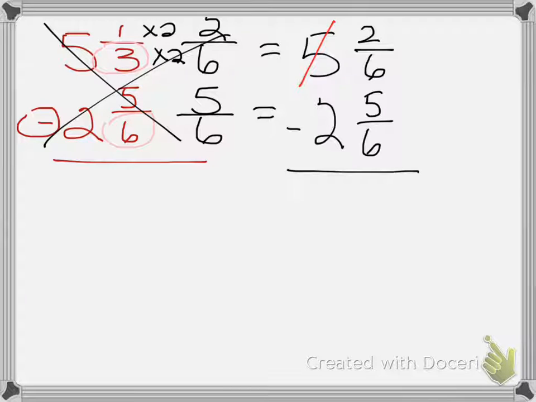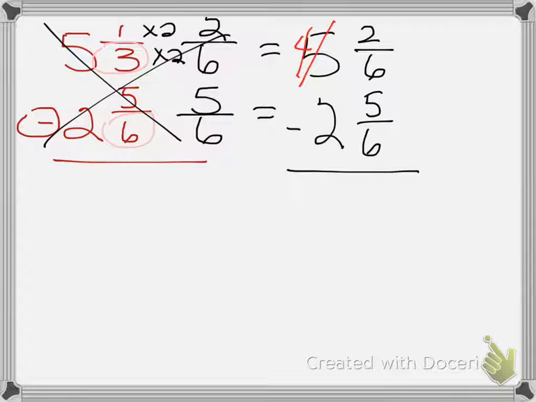So if I take 1 away from 5, this whole would become 4. Now, because I'm in 6ths, I'm borrowing 1 whole in 6ths. And remember, 1 in fractions can be written with anything with the numerator and the denominator the same.